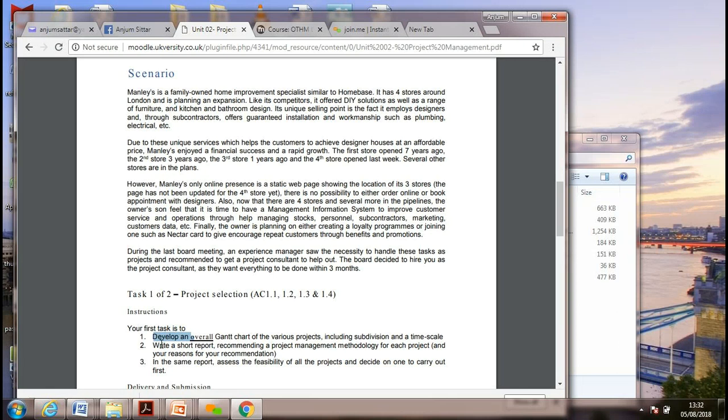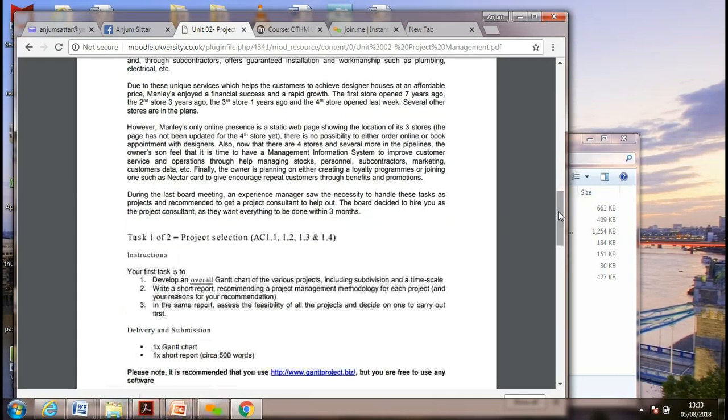That's good, because that's the point. Really, we need expansion of the stores, and the same report should assess the feasibility of the projects and decide which one is carried out first. So with feasibility, if we have a project store one, store two, store three, maybe we can look at the investment appraisal. One store requires this investment, another store requires that investment. So maybe we can recommend. They recommend the use, but feel free to use any software.